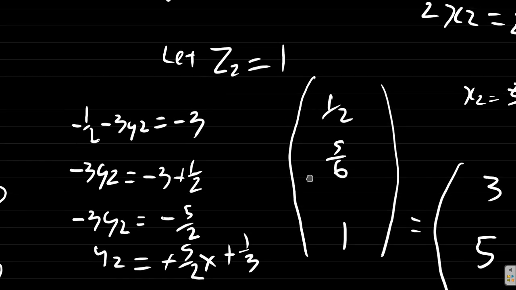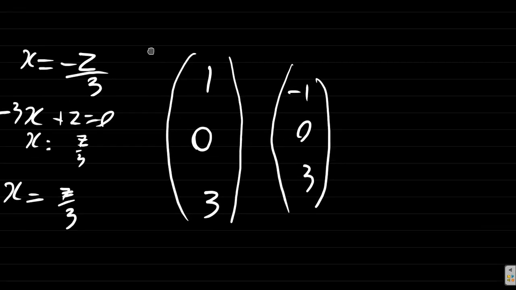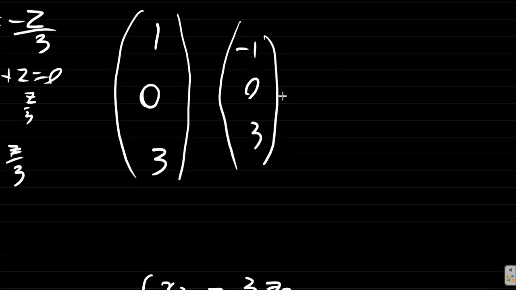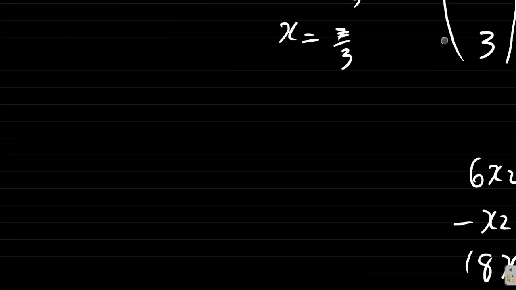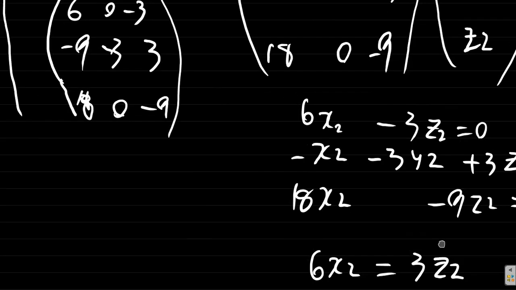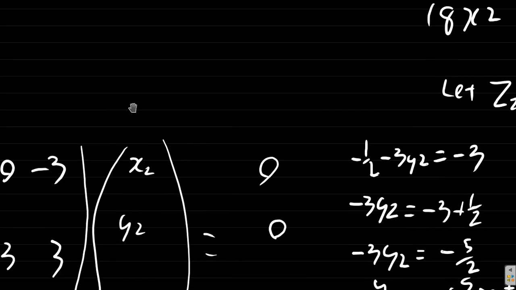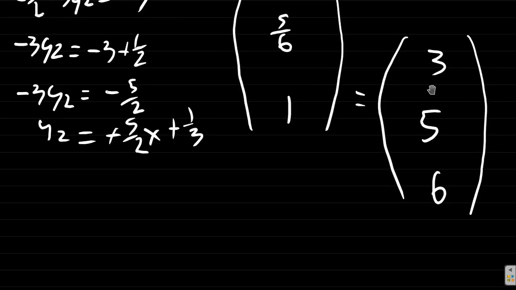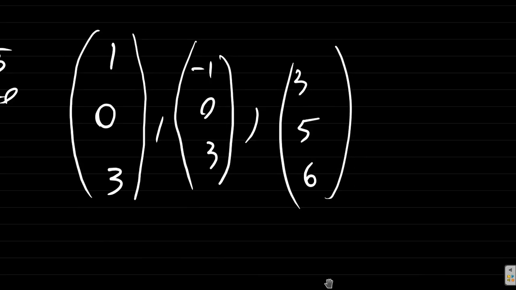So we have 3 eigenvectors here. We have 3, 5, 6 along with these. So we have these two eigenvectors, 1, 0, 3, negative 1, 0, 3. That's what happened when lambda equals negative 2, and then when lambda equals 1, then the eigenvector we have is 3, 5, 6. Alright?